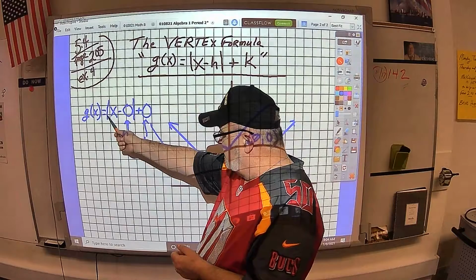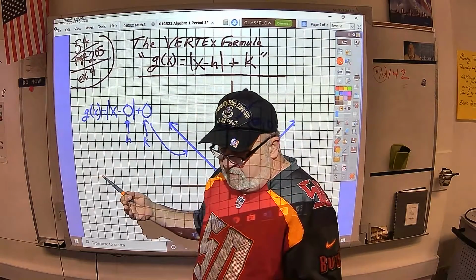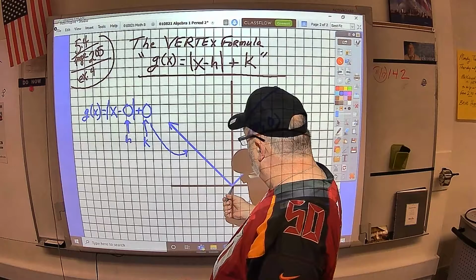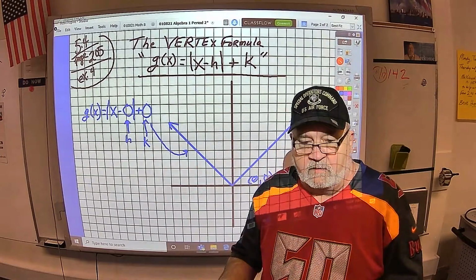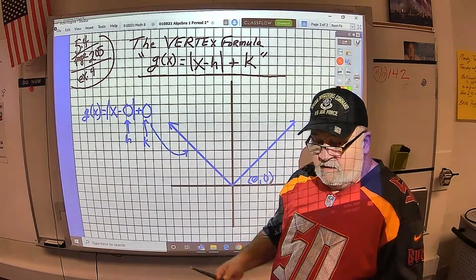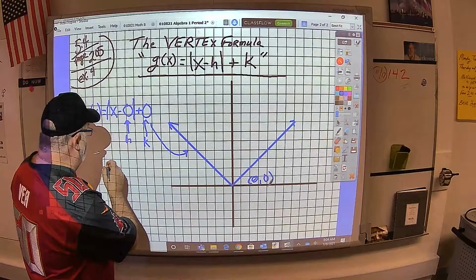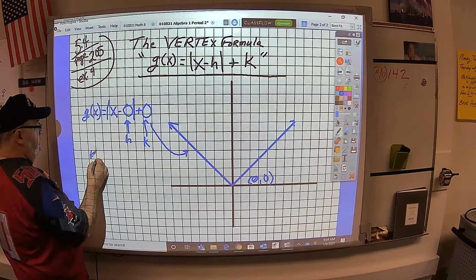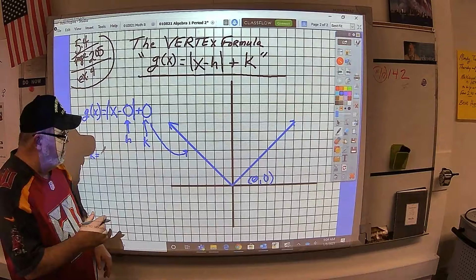So when we say this, we're saying, okay, it's not moving left or right from 0, 0, from the origin, and it's not going up or down from the origin, because this k is essentially going to be our up and down.